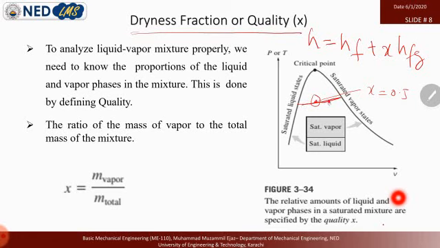So for any pressure, in any table, we get these two values. We just need to know the quality. Once we know the quality of steam, we can easily calculate the enthalpy of steam.